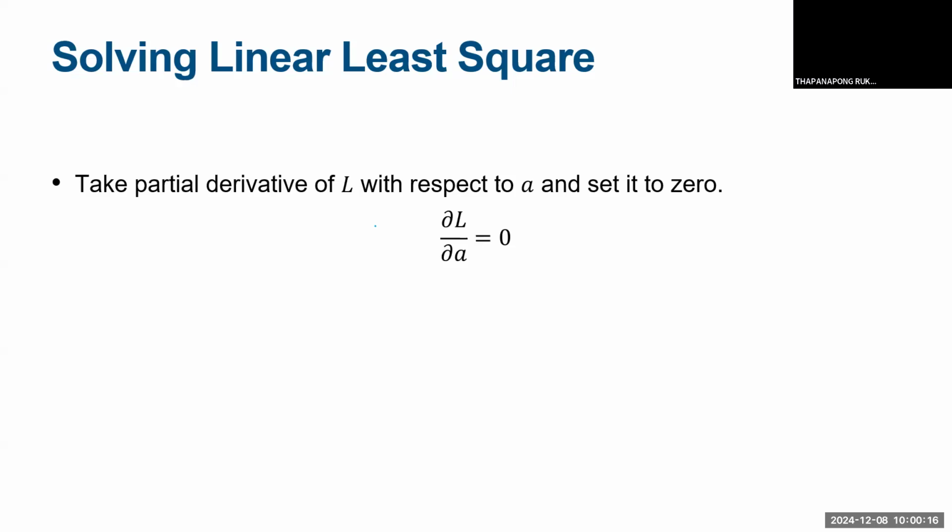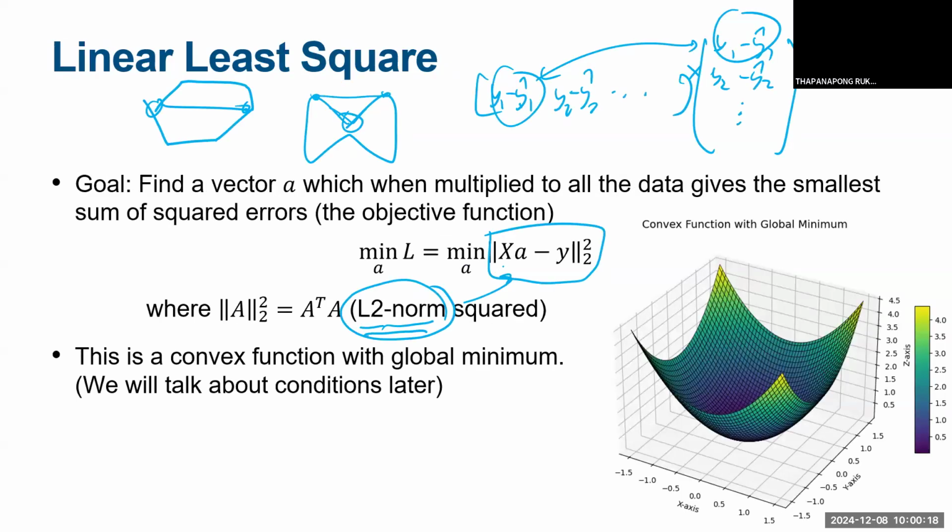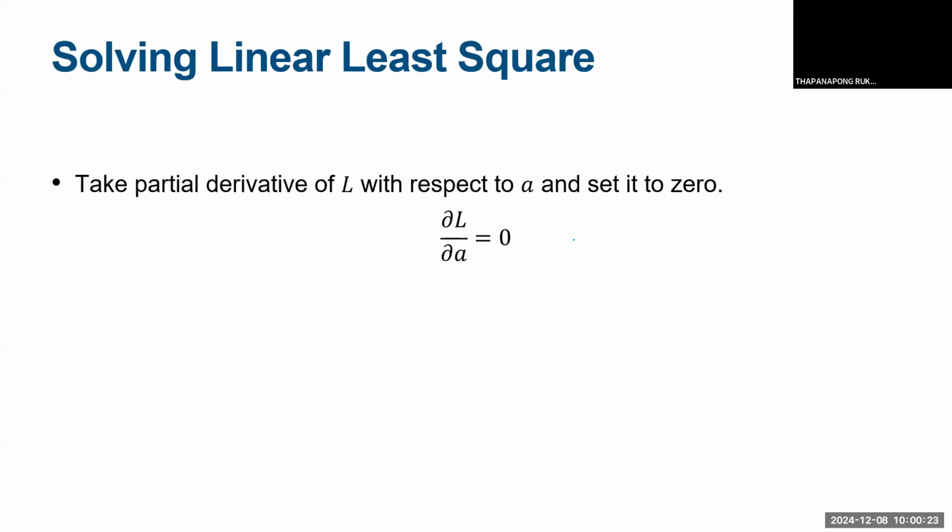Okay, let's try. So what is our L? Our L is this one, right? We start with xa minus y. We want to find the partial derivative of this. How do we take the derivative of the L2 function?